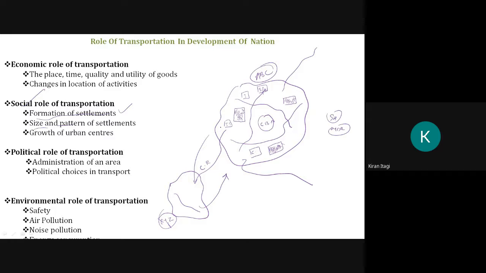At the initial stage, this was the area of that city. Slowly, as it goes on developing, the city size will increase, for both urban cities. Obviously the growth will increase.